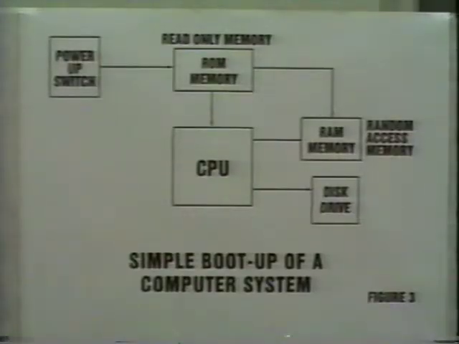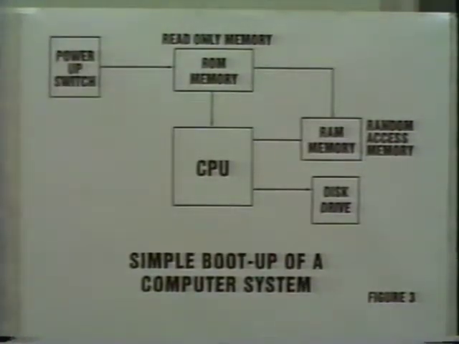Using figure 3, we can see the simple boot up of a computer system. The operating system during power off time resides in the ROM memory, the read-only memory. When the machine is powered up through the power up switch, the ROM memory is excited and loads the CPU and random access memory with data.